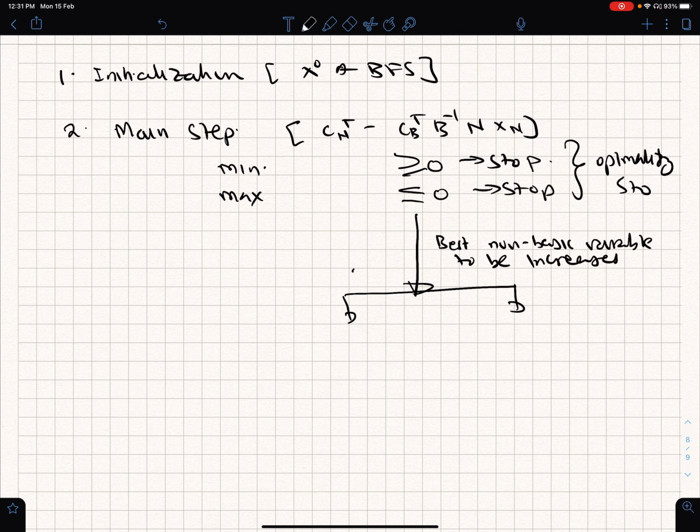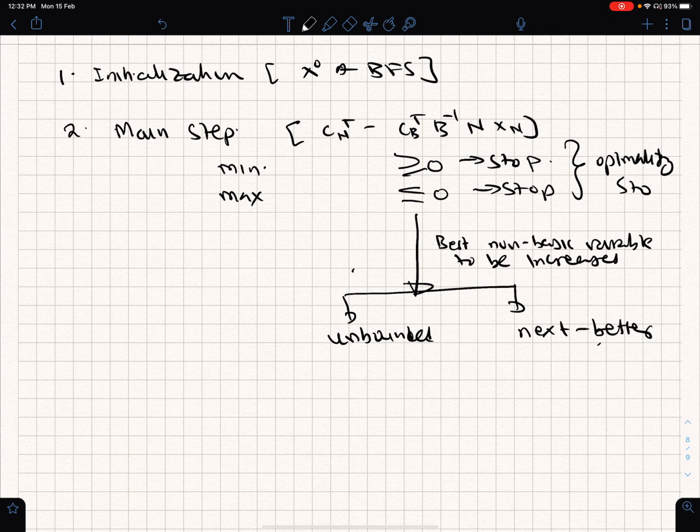And when you identify that, you see if your step will close at some point, or it will keep on going infinitely. So you will get one of two cases: unbounded, or go to the next better solution.